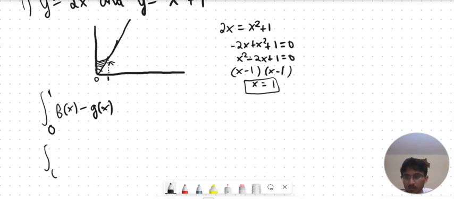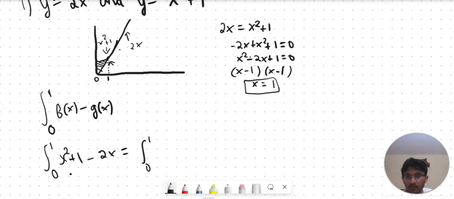From 0 to 1, the top function we figured out was x squared plus 1. The bottom function was 2x, so we're going to write that down. Minus 2x.